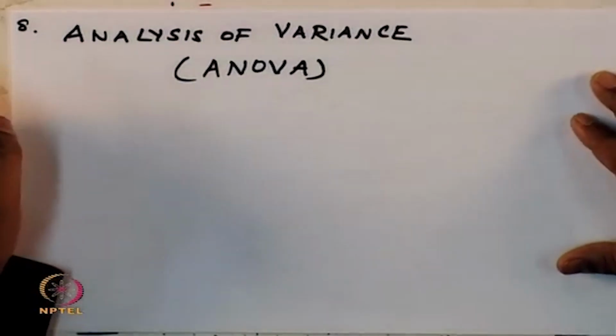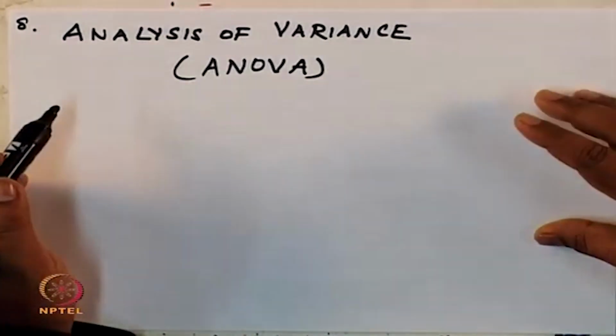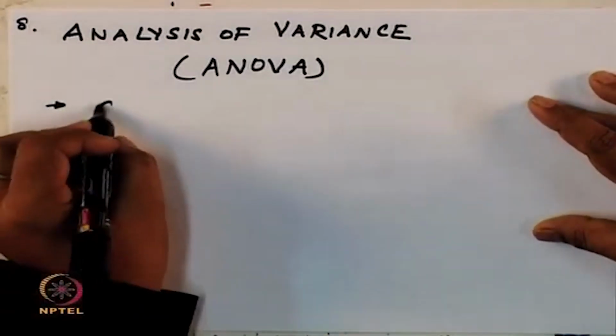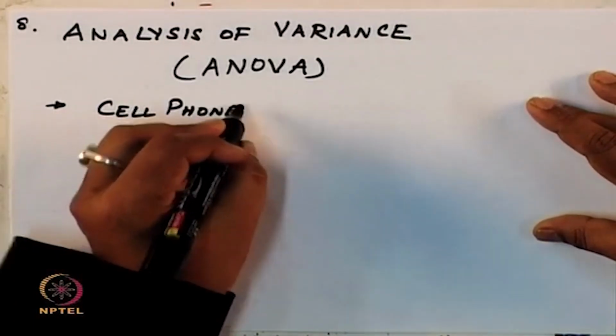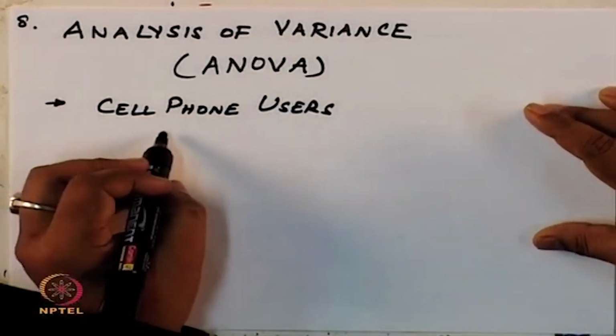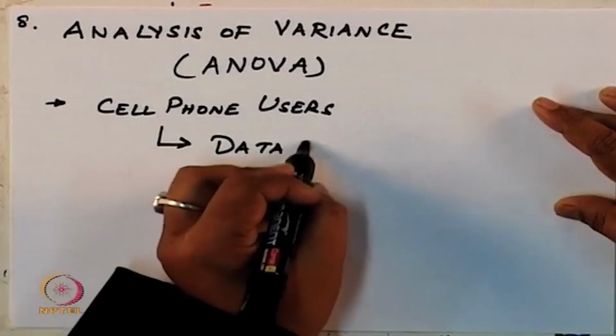Okay. So, in ANOVA, why are we interested in analysis of variance? Let us say you have cell phone users, and you want to look at the data plans that they sign up for.